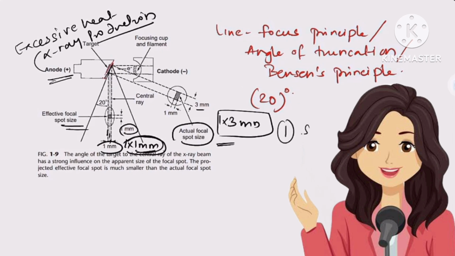The significance: first, a sharper image; second, proper dissipation of heat. So the line focus principle, Benson's principle or angle of truncation is all about this.